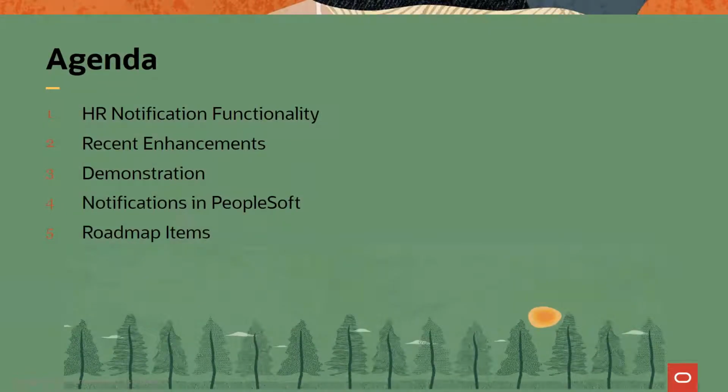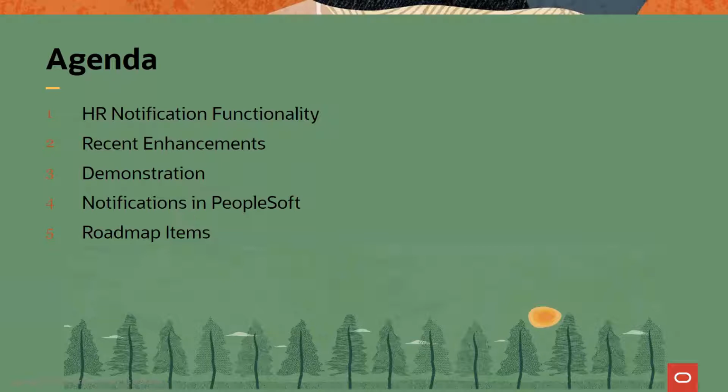And the agenda for today is we'll first go over some of the basic HR notification functionality. Then we'll look at some recent enhancements that were delivered in image 34, which I think greatly improved the usability of the notification framework. And then I'll go through a demonstration of the functionality, and then we'll look at notifications in PeopleSoft in general.